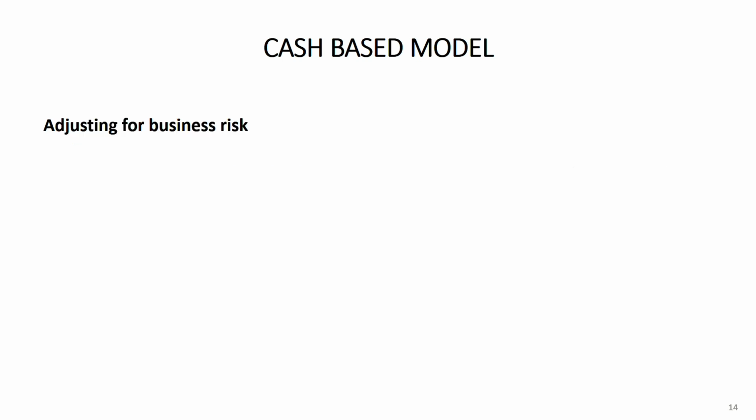Next, adjusted for business risk. So financial risk talks about adjusted present value. When it comes to business risk, what is changing? Business risk is about beta, asset beta, equity beta, finding WACC and all those things.